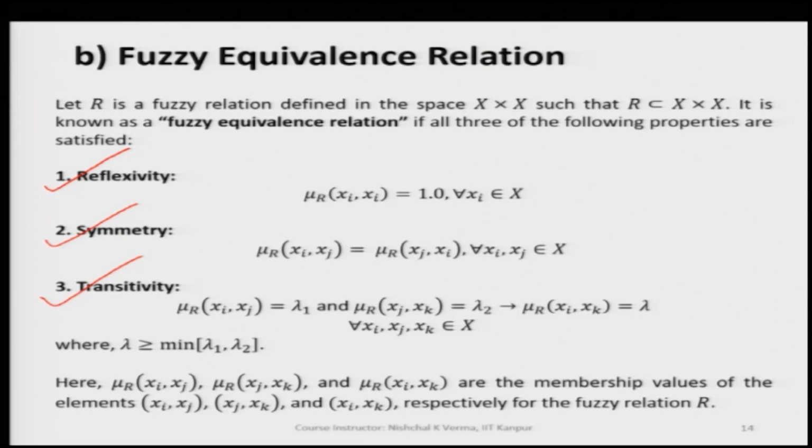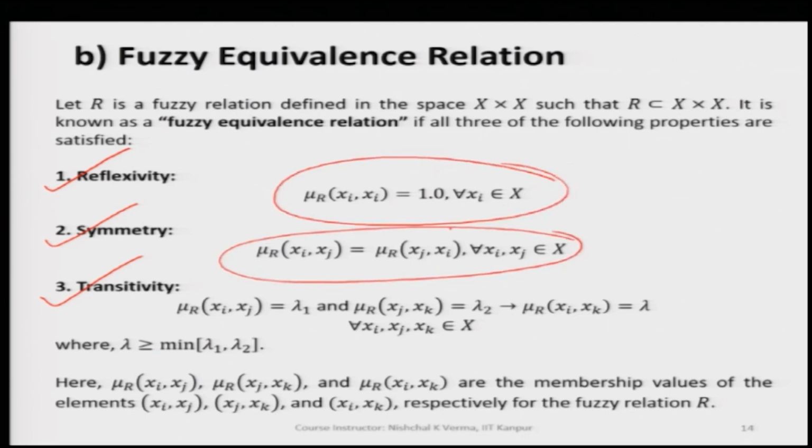Since we have already discussed in detail the reflexivity and the symmetry, now we see what is transitivity, the third property.